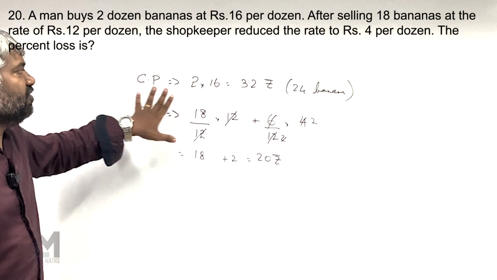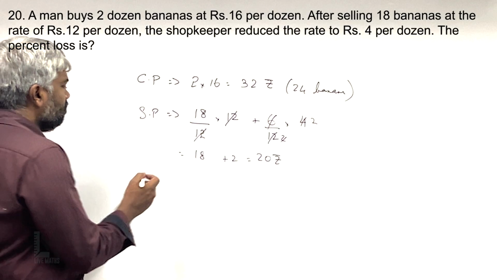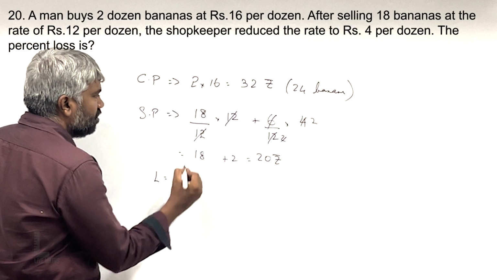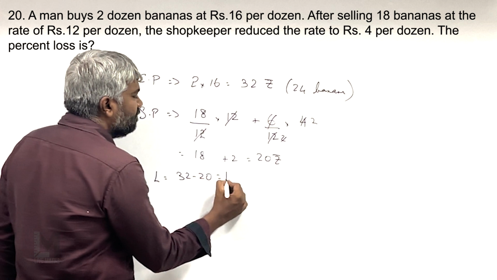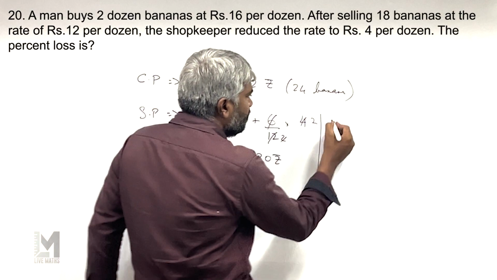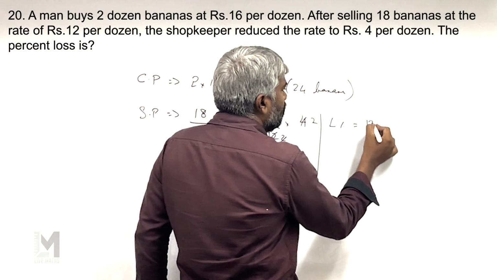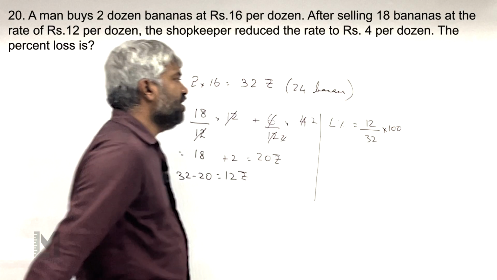See, the cost price of the bananas is 32, the selling price is 20. Now, we need to find the loss over here. So, loss is equal to cost price minus selling price, which is 12 rupees. Now, we need to find the loss percentage. Loss divided by cost price into 100, right?